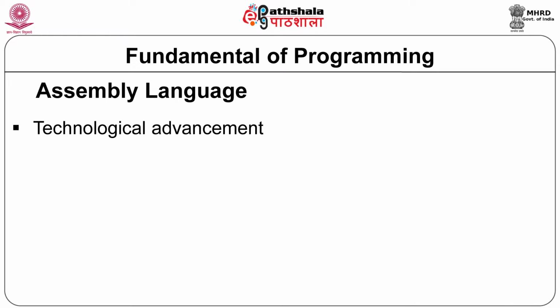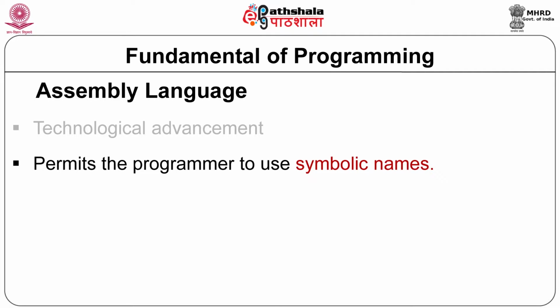The next technological software advance occurred in the development of assembly language. The assembly language permits the programmer to use symbolic names. It is referred to specific memory locations. Assembly language enables the programmer to work with the machine on a slightly higher level.